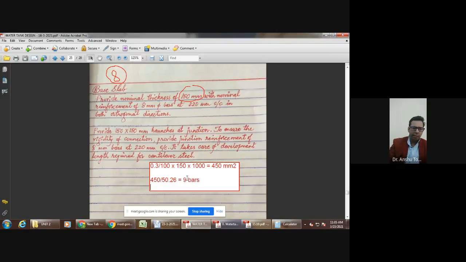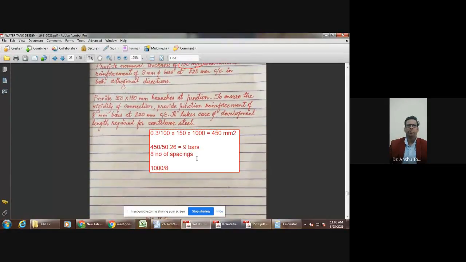That means 8 number of spacings. That means 1000 divided by 8, what is going to be the spacing? 125. 125 mm center to center.